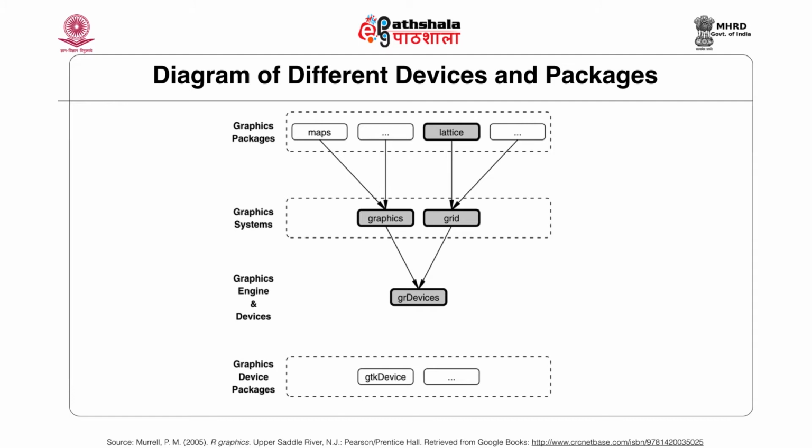At the end of it, you have different kinds of devices that you will be opening at various stages, and these devices will direct your outputs into different formats. For example, say you want to push something from your R program to a PDF document.